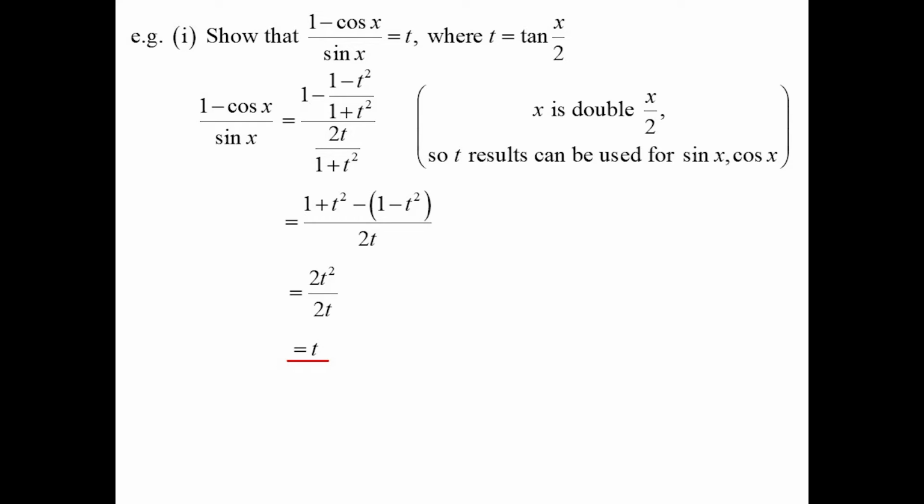So now, if we want to simplify 2 tan 75 on 1 plus tan squared 75, similar to an example we looked at the other day, it's tempting to look at that and think, oh, double angles. But remember, the double angle result was 2 tan on 1 minus tan squared, not 1 plus tan squared. Mind you, they've given us a hint by saying we're going to use the t results to do this.